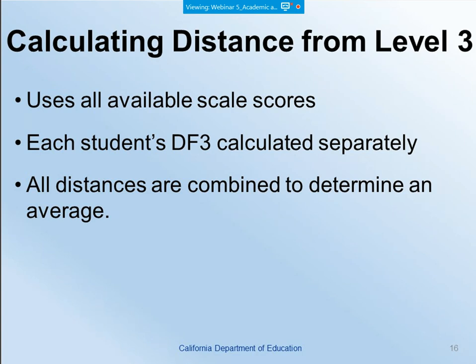So the academic indicator is based on an average distance from level 3, or DF3. The first step is to determine the distance between each student's scale score and the level 3 threshold for that grade level and content area, the lowest possible score for the standard met achievement level. Then all the distances for all students are combined to get an average.